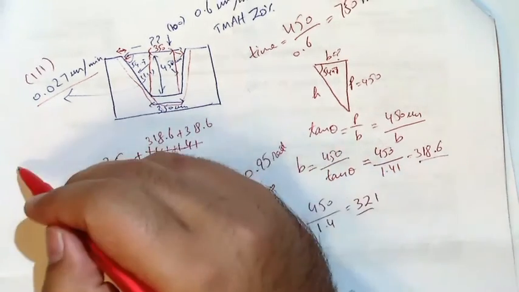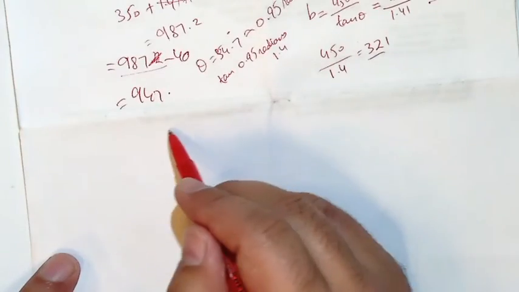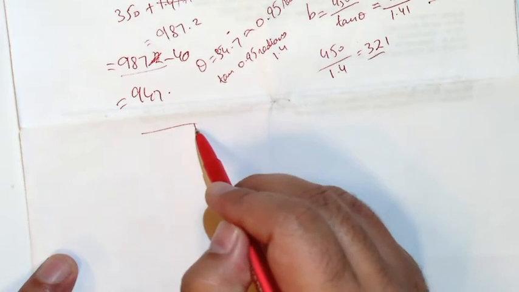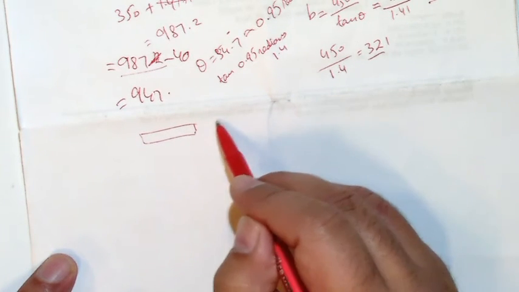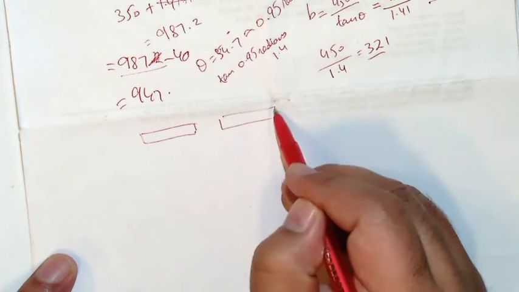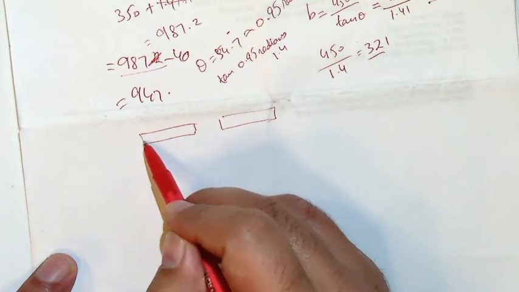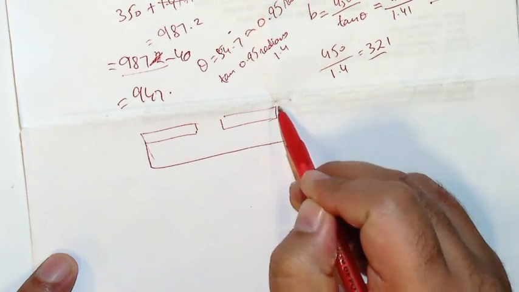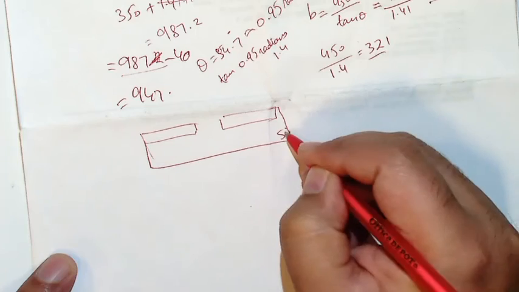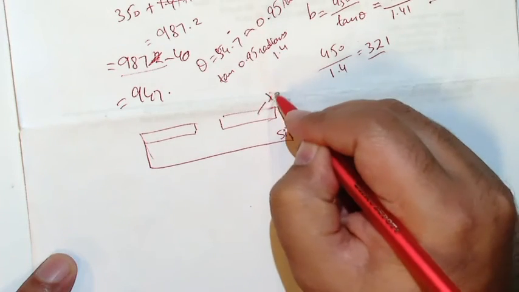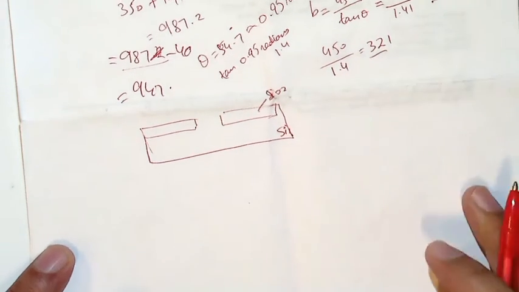Let me make another window. Let's say this is silicon, which we're etching, and this is silicon dioxide.